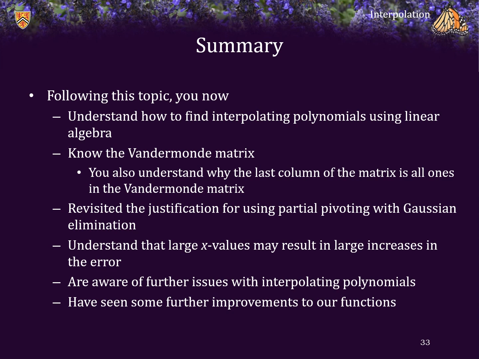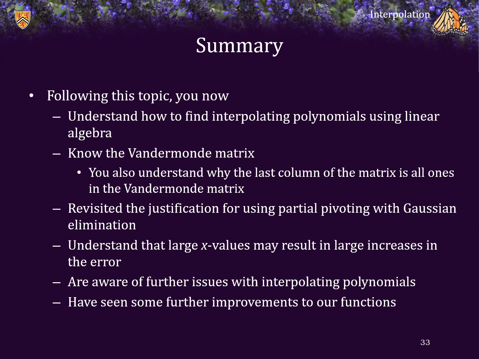Following this topic, you now understand how to find interpolating polynomials using linear algebra. What we do is we create the Vandermonde matrix and then we solve a system of linear equations to find the coefficients of the polynomial. You also understand why the last column of the Vandermonde matrix is all ones, because that is the multiplier of the constant coefficient.